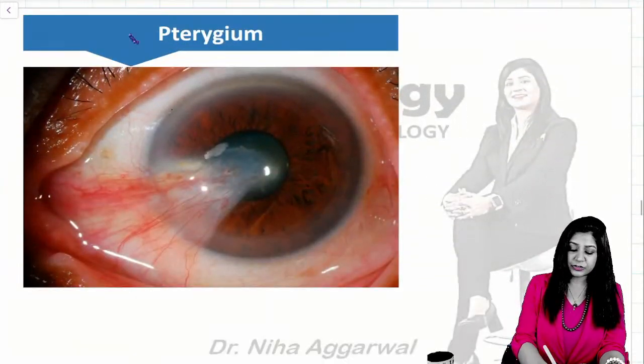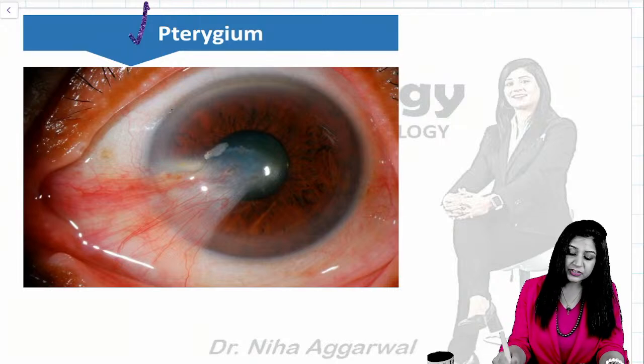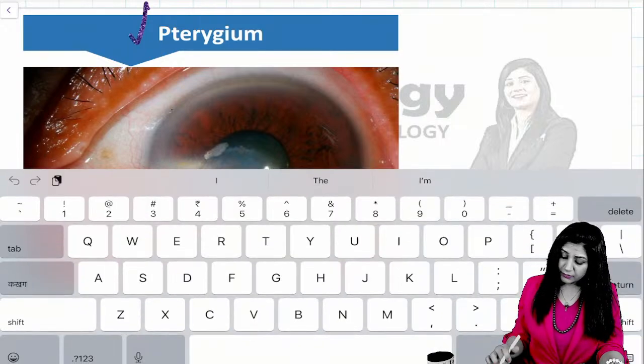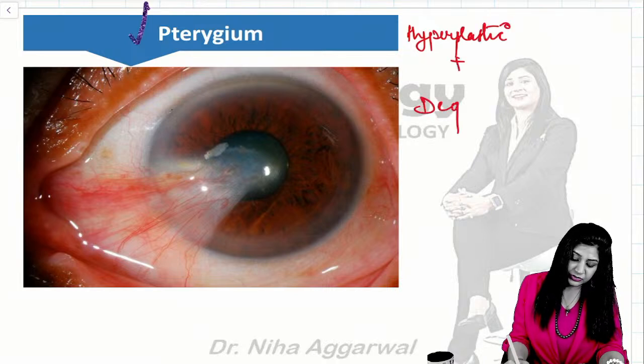Then next is pterygium. Again, a very important PYQ topic है pterygium. In pterygium we are having both hyperplastic plus the degenerative changes.